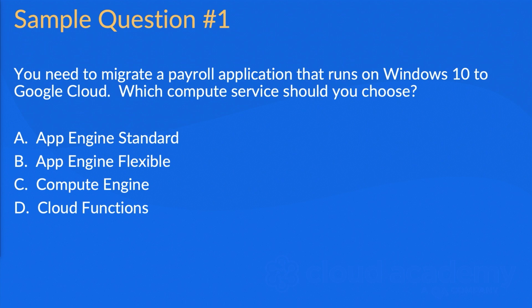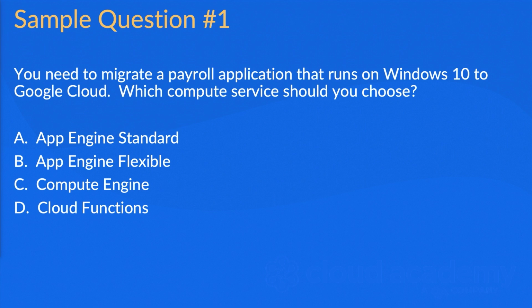So if we get rid of D, we know we're either dealing with App Engine or Compute Engine. Now, if you're familiar with the typical use cases for App Engine and Compute Engine, you'll know that typically Compute Engine is used for installing regular applications, whereas App Engine is typically used for installing containers.